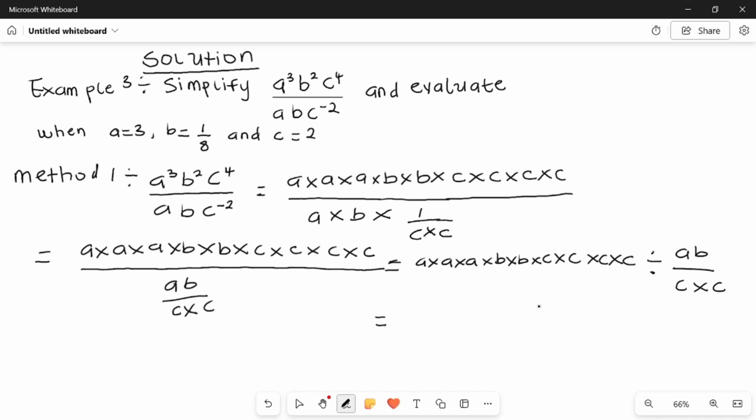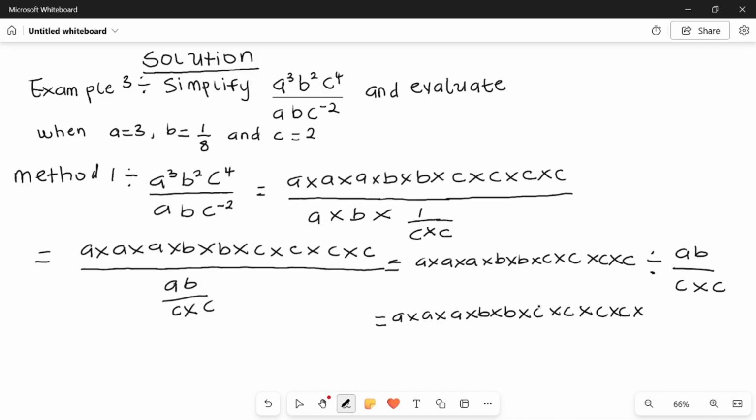So we'll have equals to a times a times a times b times b times c times c. That's c to the power 4, b to the power 2, a to the power 3. Now take note, this division sign will change to a multiplication sign, and the numerator will be flipped with the denominator to remove this division sign.